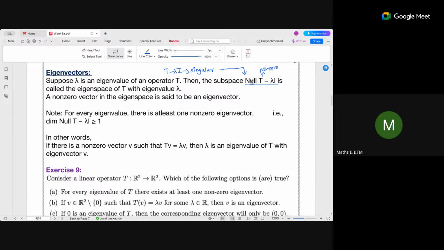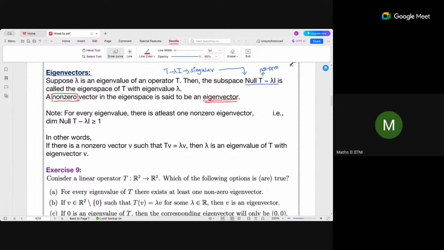Remember, I'm putting it in red, an eigenvector should be non-zero. Remember this very clearly. This is how we define an eigenvector. Now for every eigenvalue, there is at least one non-zero eigenvector. Why?